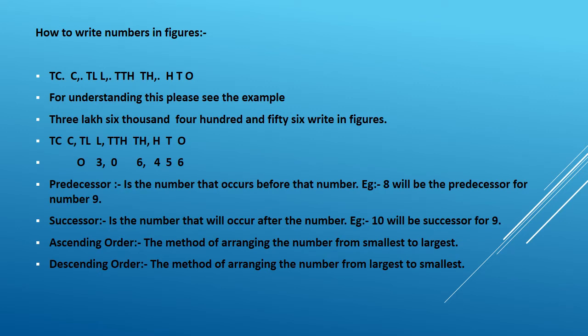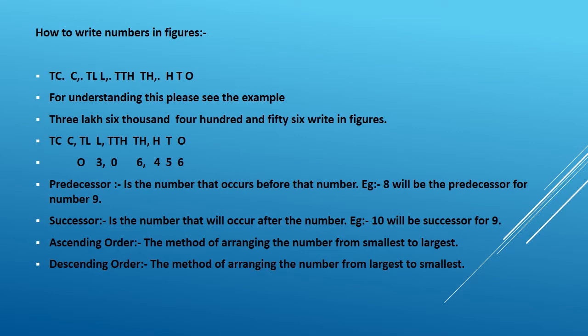Now we will learn how to write numbers in figures. First of all, we'll write the place value in a copy. Separate the periods with the help of commas: ones, tens, hundred, thousand, 10,000, lakh, 10 lakh, crore, 10 crore.